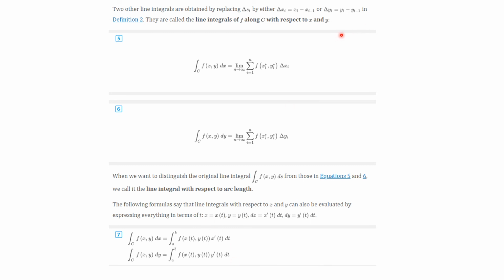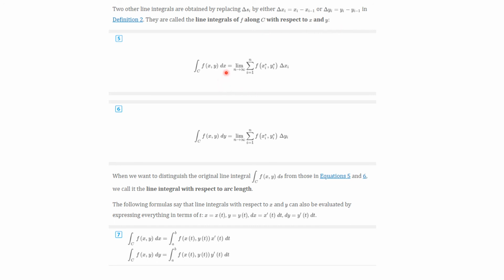Now, two other line integrals can be obtained by replacing delta s by delta x or delta y. These are called line integrals of f along C with respect to x and y.